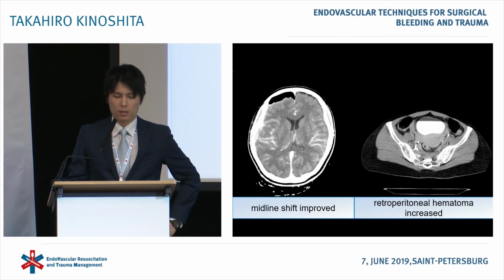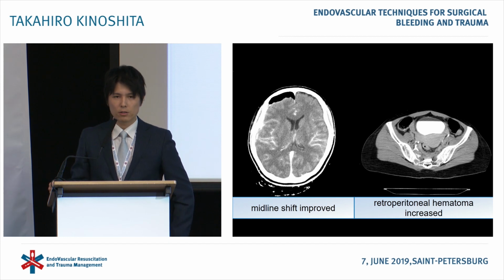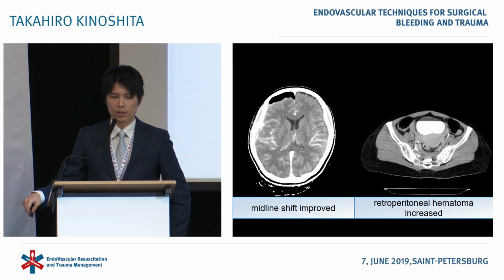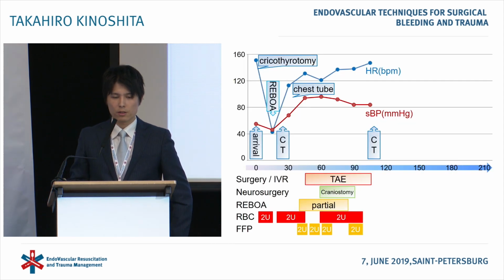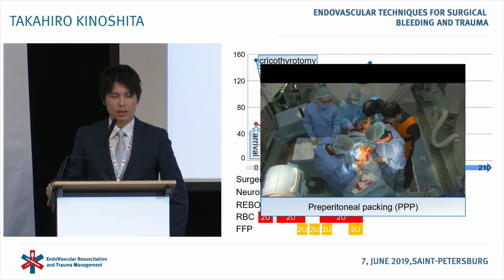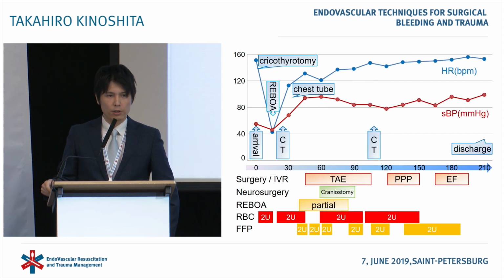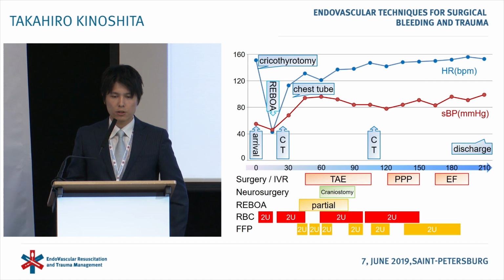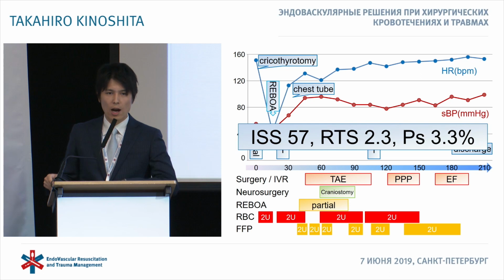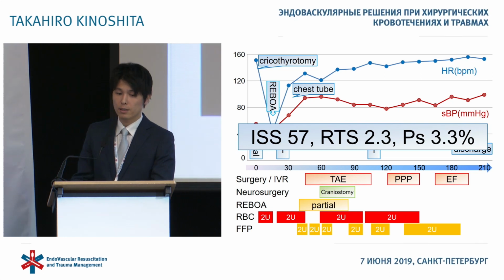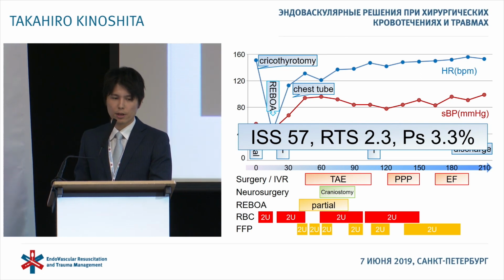In the second CT, we found that the right acute subdural hematoma was removed well, but the retroperitoneal hematoma had increased. And the patient was still in shock, so we added preperitoneal pelvic packing and external fixation. After 3.5 hours of initial stabilization, the patient was discharged to the ICU. ISS was 57, and probability of survival was only 3.3%, but the patient returned to her social life.